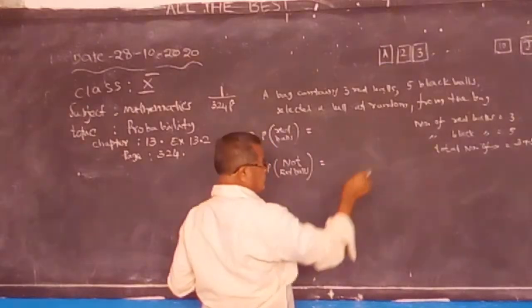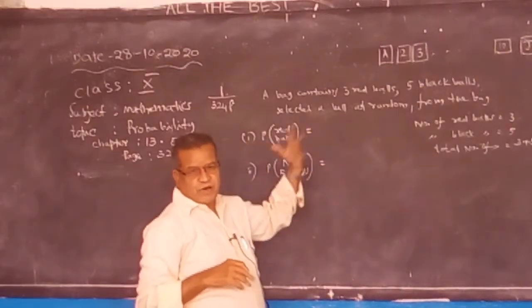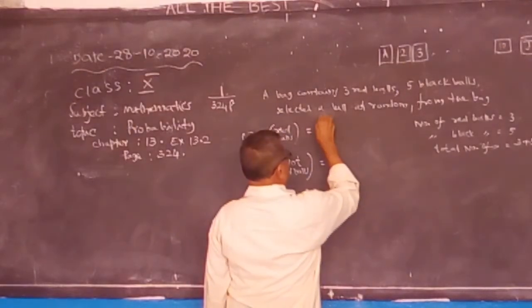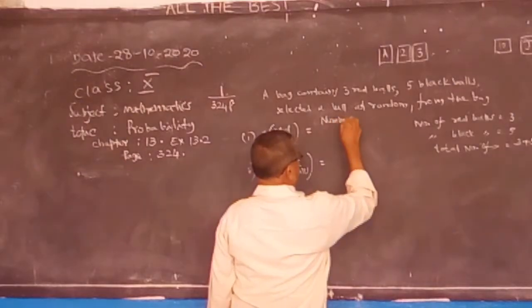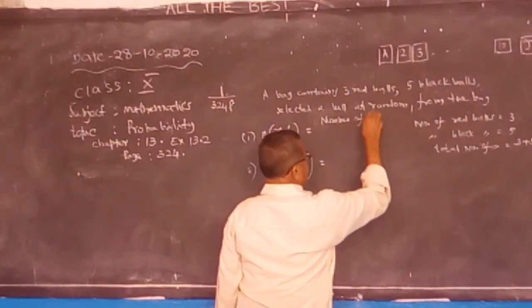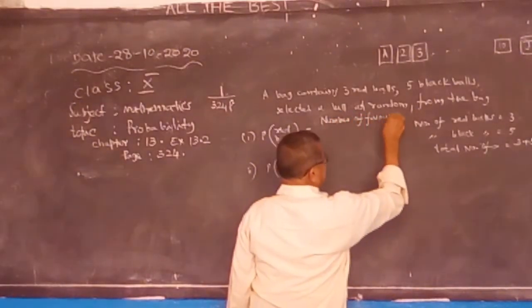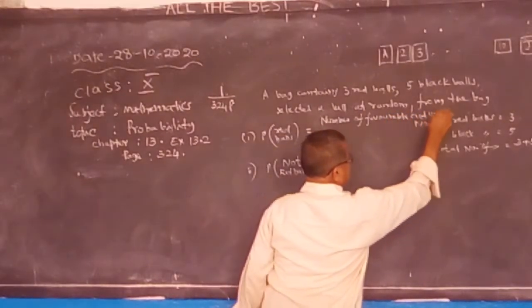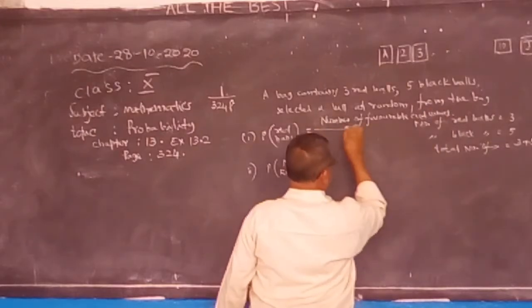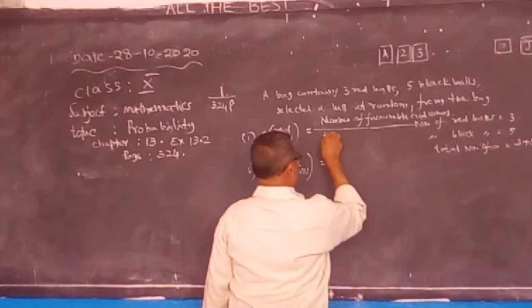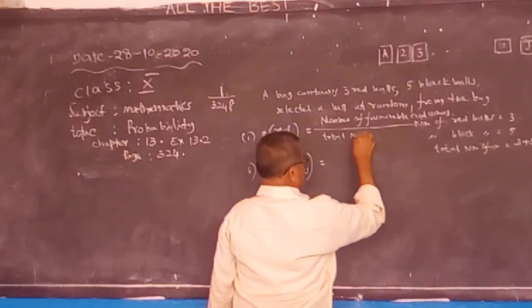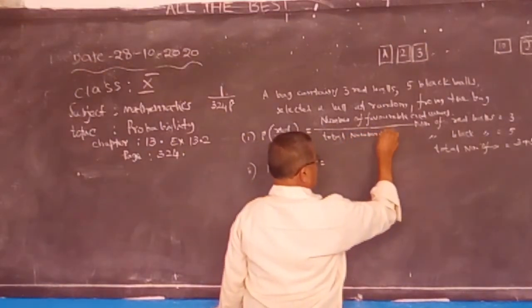I am not writing the formula, but you have to write the formula for every problem. Probability of red ball is equal to number of favorable outcomes by total number of outcomes.